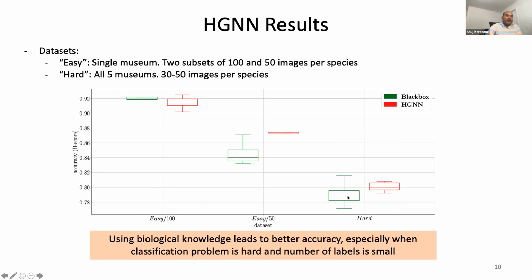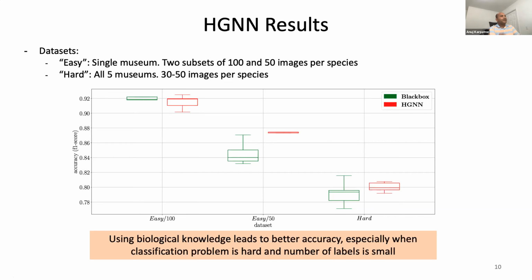What we can see is that for the hard data set, HGNN is able to show better accuracy. And for the easy data set, when we starve the data set with a smaller number of images per species, that is when the power of bringing scientific knowledge in the form of HGNN really outperforms black box models.